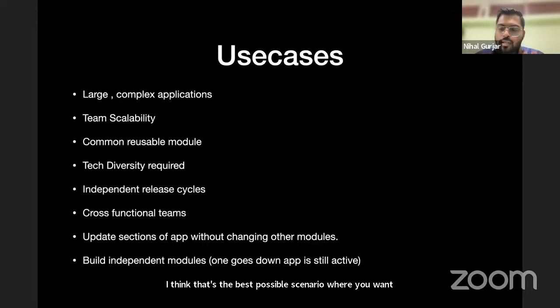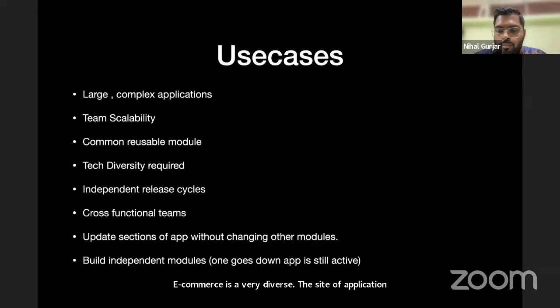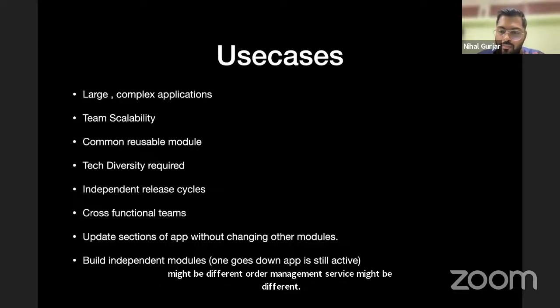So I took an example of Flipkart, if you recall, right? E-commerce is a very diverse and very complex application. A lot of things go on underneath, right? So we would want to use micro frontend architecture over there, because there might be a search service, a category management service, a product listing or checkout service, and an order management service, all different, and all of these will be handled by a team of, let's say, 20 to 25 people minimum.